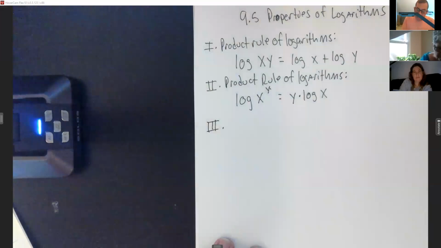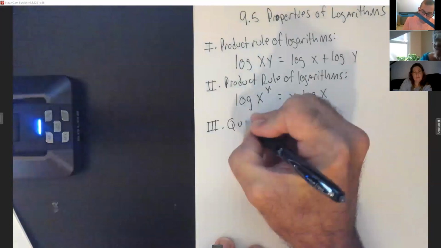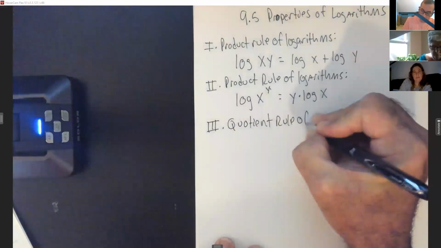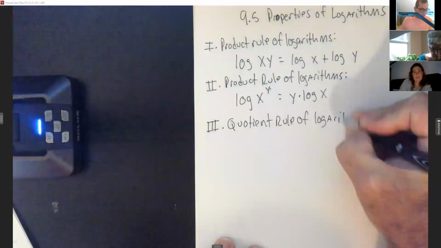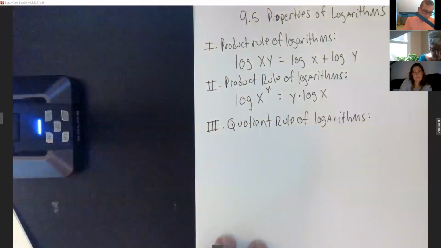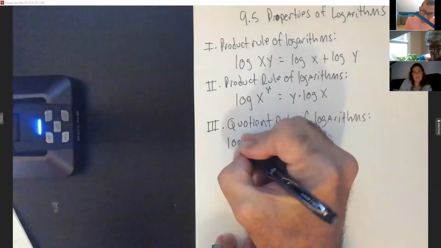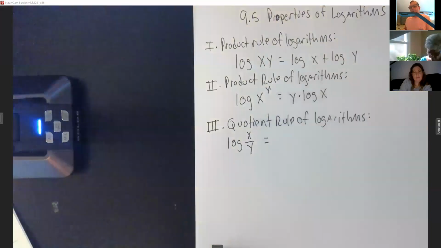All right, I got a quotient rule of logs. So the quotient rule would be taking a log of something being divided. And you ought to rewrite that.